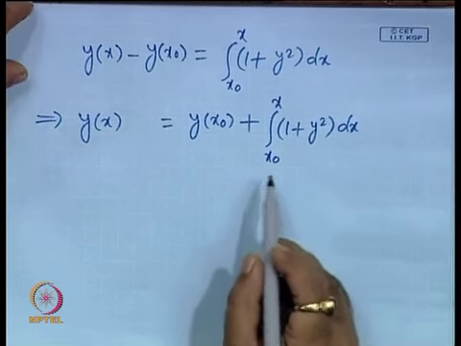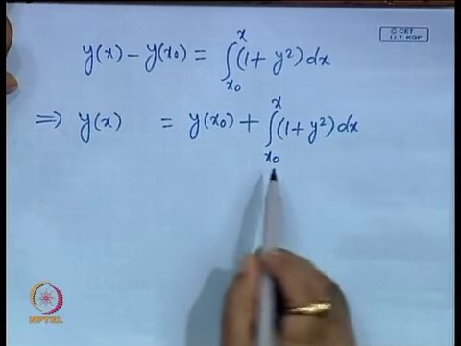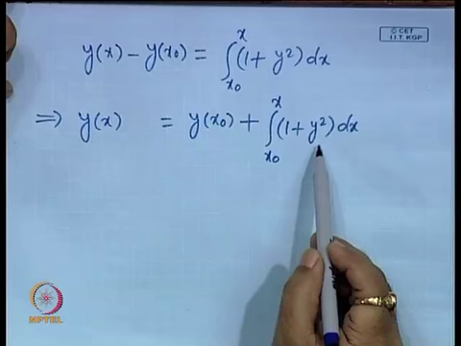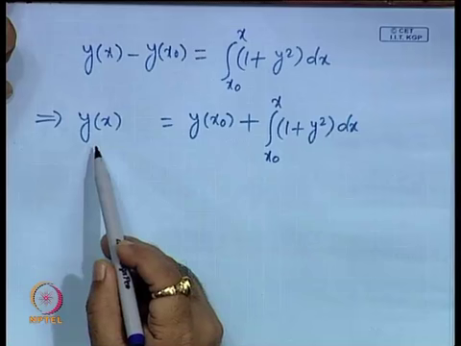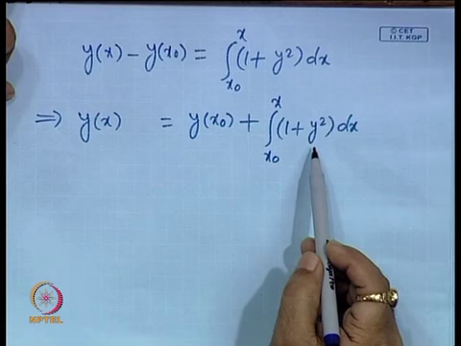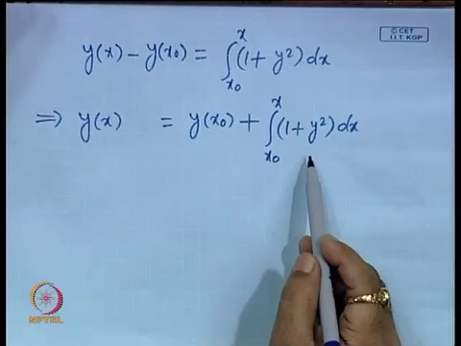Remember, we have not yet made use of the initial condition. Now how do you solve it? If you look at it, the right hand side also contains y. We are looking for y, whereas the right hand side also contains y. So, how do we proceed further?